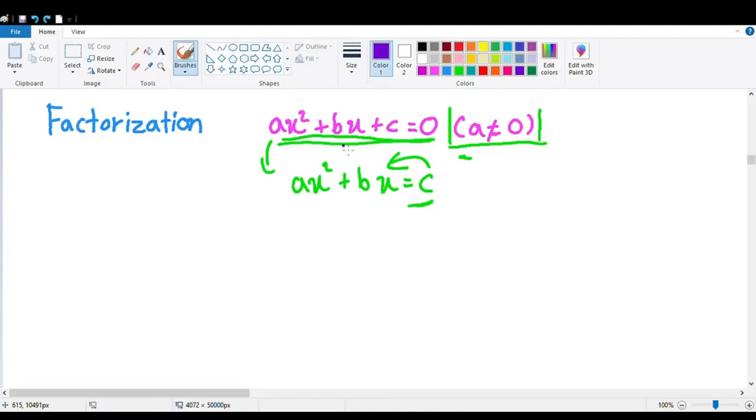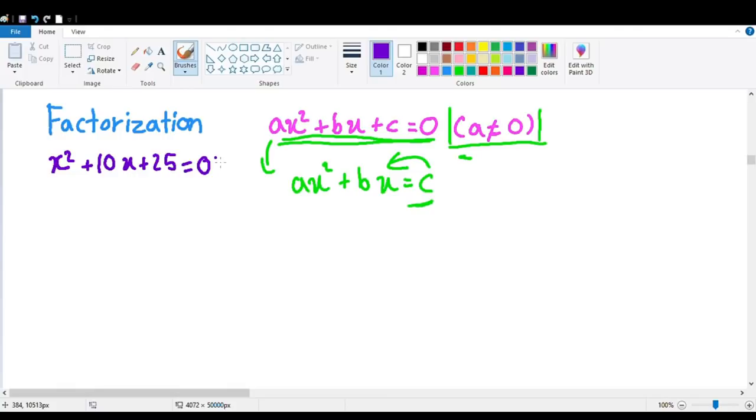Now let's understand factorization with an example. Our example is going to be x squared plus 10x plus 25, because that is our constant term, equal to 0. As we just talked about, the first step is to bring a quadratic equation to standard form.